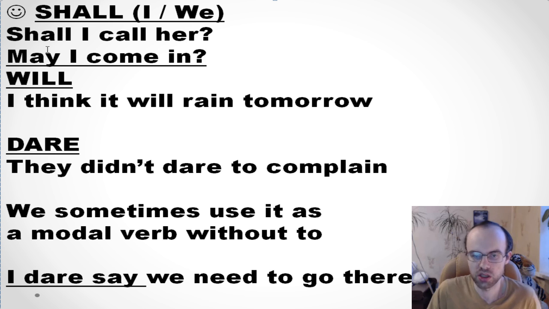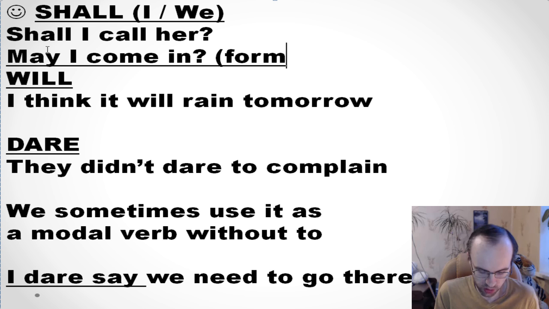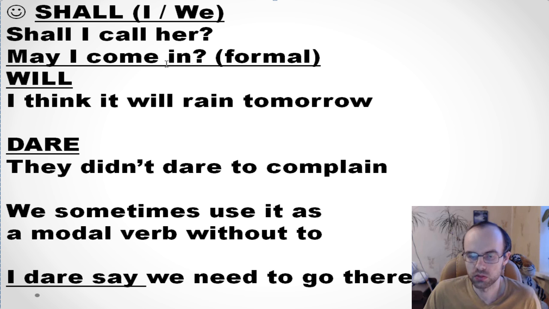But it's very, very formal. Or shall, it means is it okay if I call her? Will, I think it will rain tomorrow. But for me, will is an ordinary verb, so it's a little bit strange when people say that it's a modal verb. But sometimes we see that they say shall and will are modal verbs.